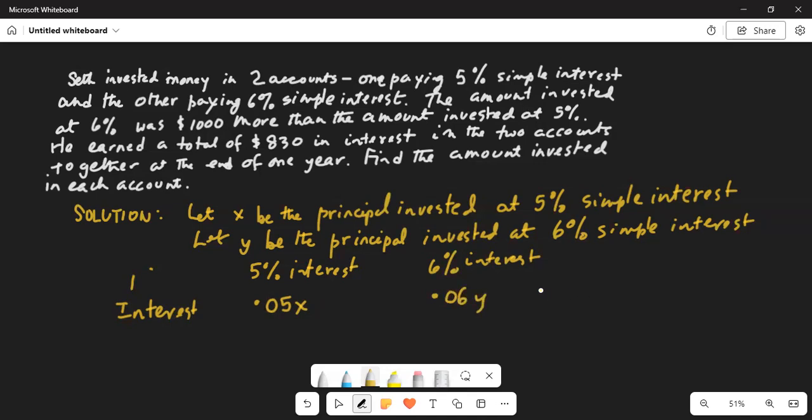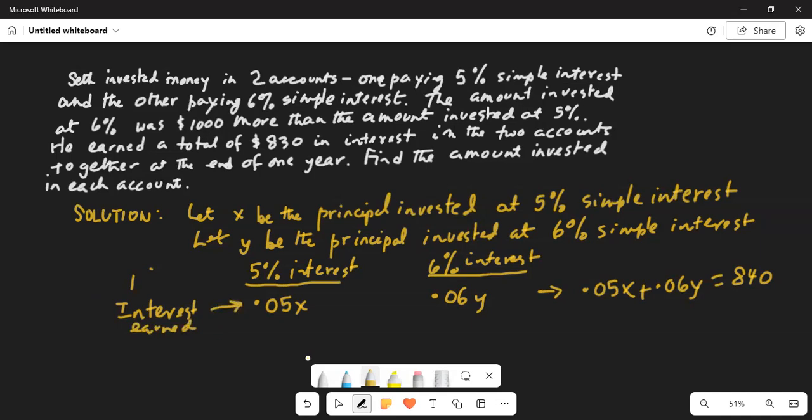And we know 0.05X, the total amount of interest, plus 0.06Y is equal to 840. So this is the 5% interest, this is the 6% interest, this is the interest earned.